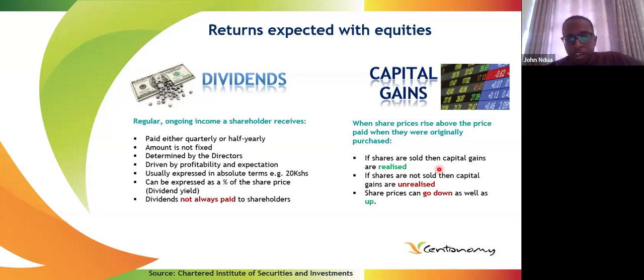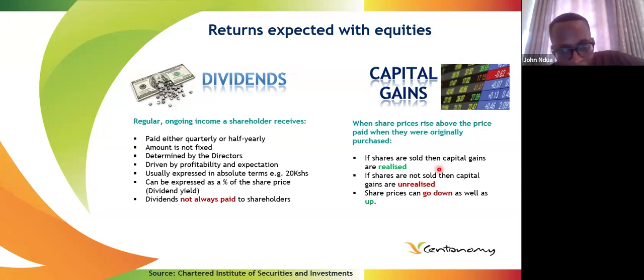But remember, in shares, prices go up and down. So you could also get a capital loss when you bought the share at 20 and now it's 10. That is called a capital loss. However, in both scenarios, if you do not sell, that loss or that gain is said to be unrealized.